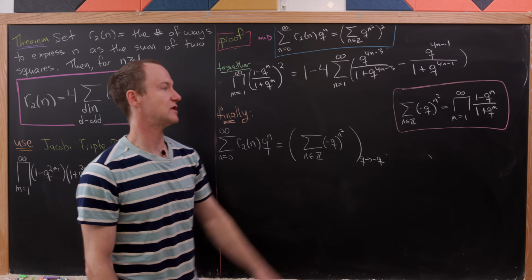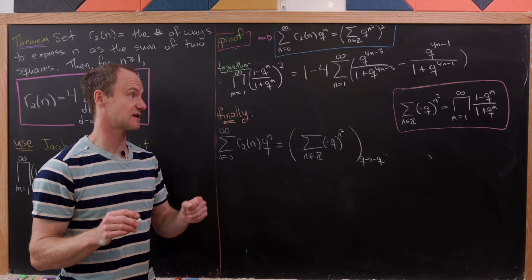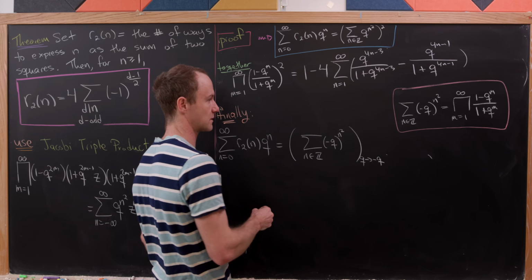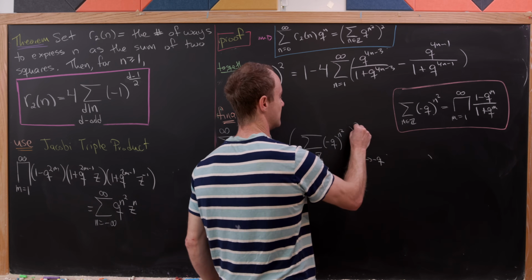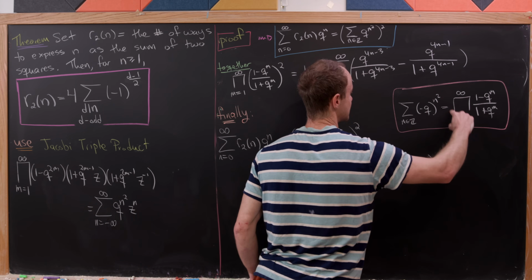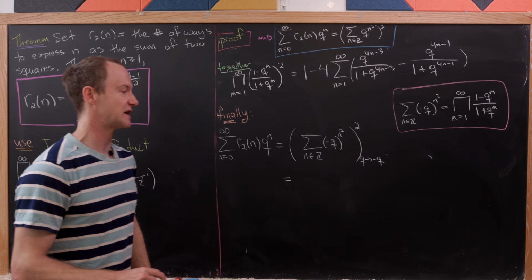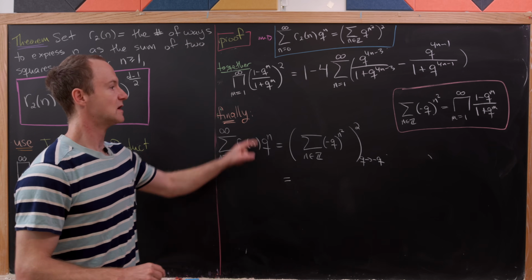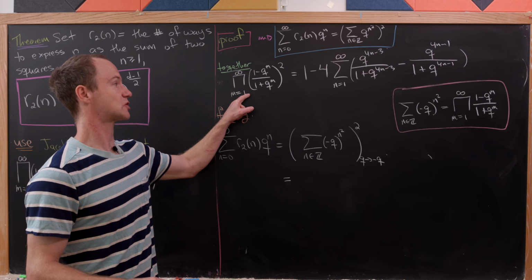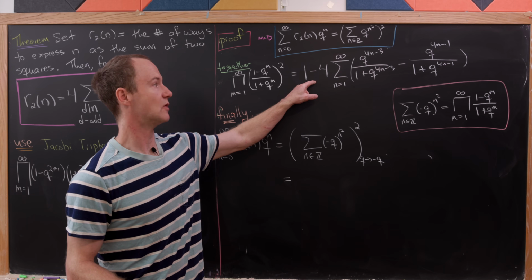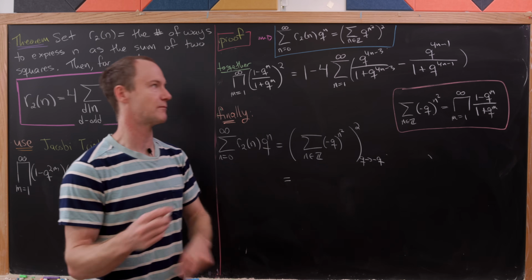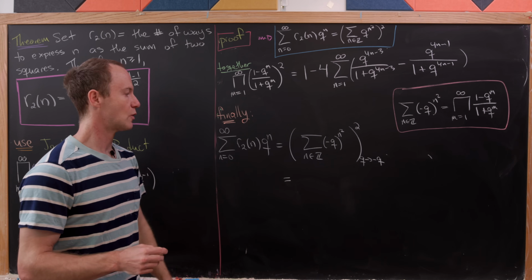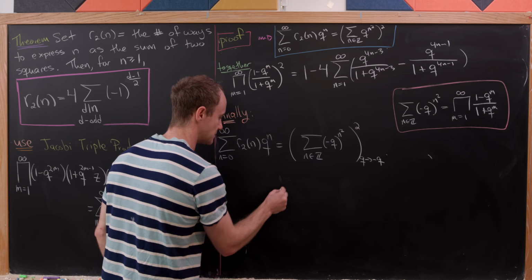But now we can use our pink boxed result from the last chalkboard, and that allows us to write all of this as all of this squared with the replacement of q with minus q. But all of that right-hand side squared is equal to all of this. So I can just really replace it with this line right here, this 1 minus 4 times the sum of all that, where q is replaced with minus q.